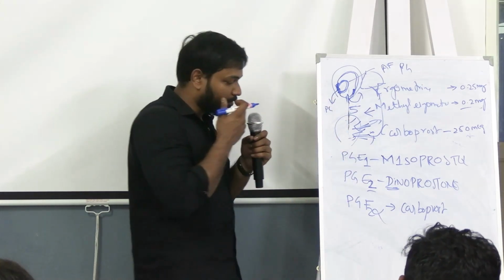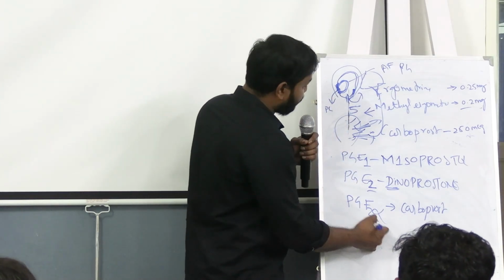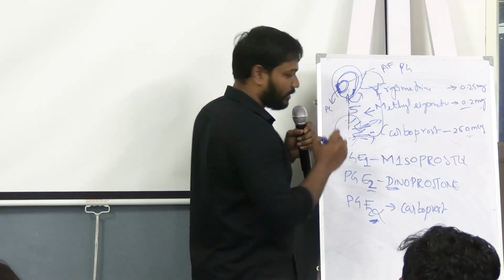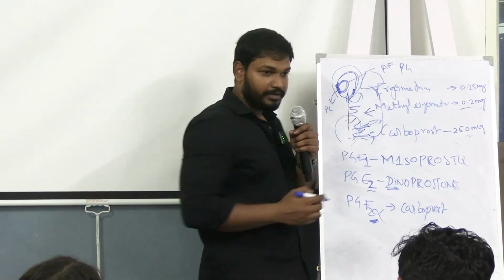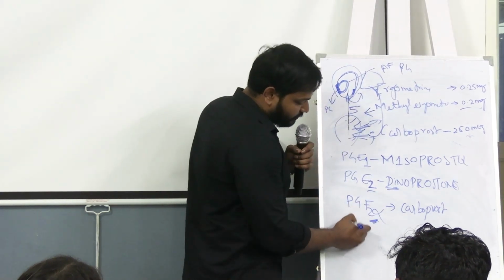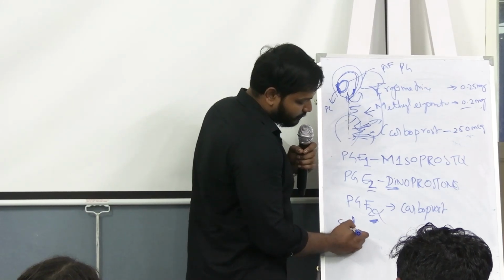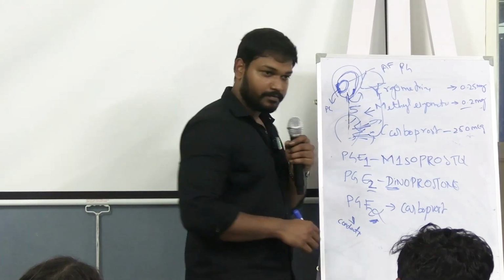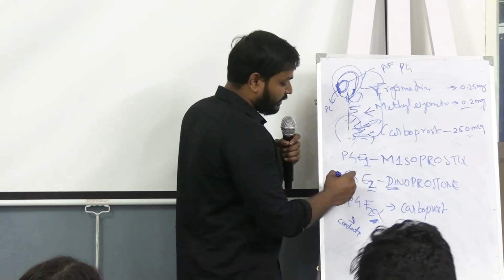Why am I saying this? Because prostaglandin F2 alpha is present in the decidua and amniotic fluid. What F2 alpha does is cause uterine contraction.